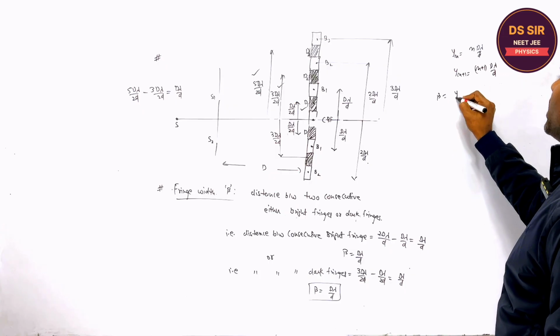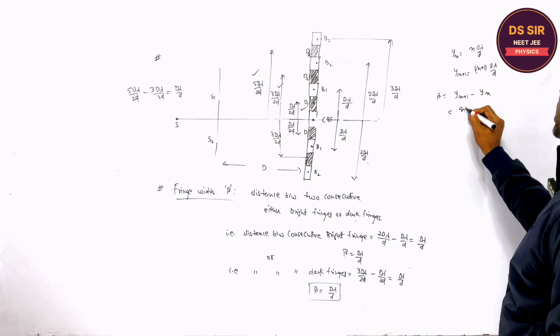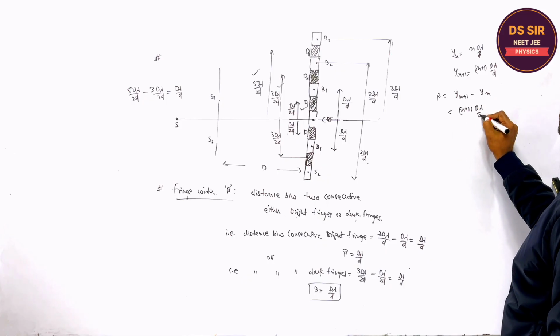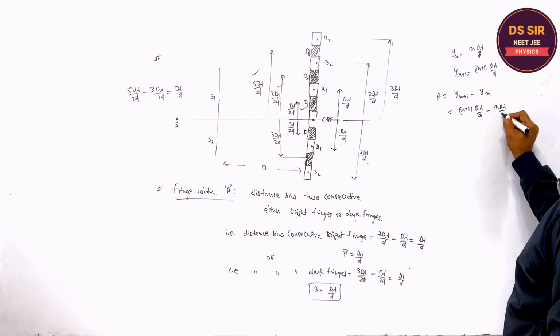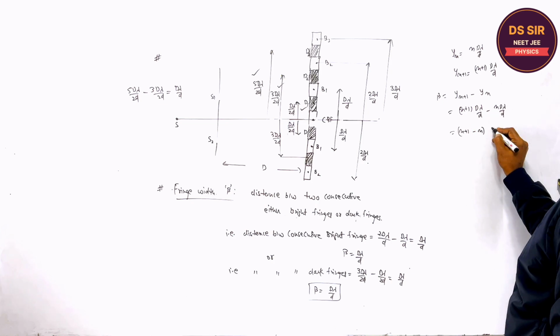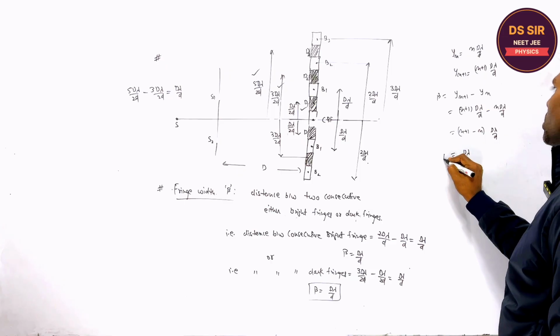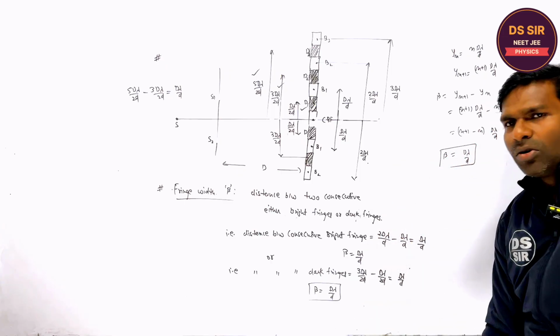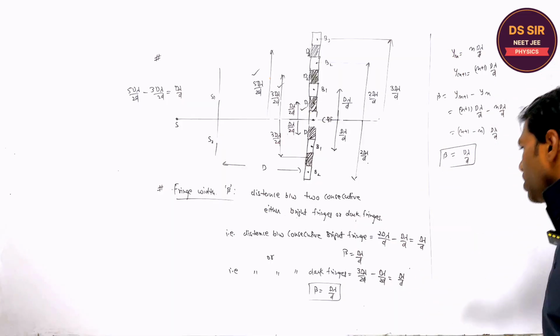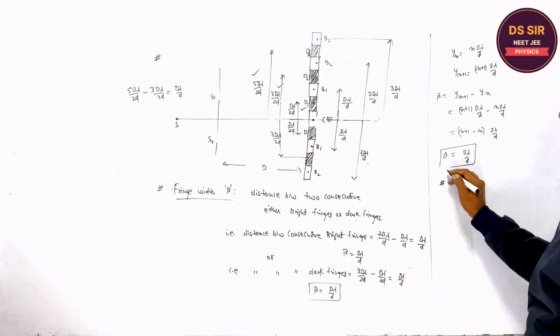So beta is defined as y(n+1) minus yn, which is (n plus 1) d lambda over d minus n d lambda over d. Taking d lambda over d common, n plus 1 minus n is 1, so this is d lambda over d. So this is the beta. Is it clear or not, you tell?